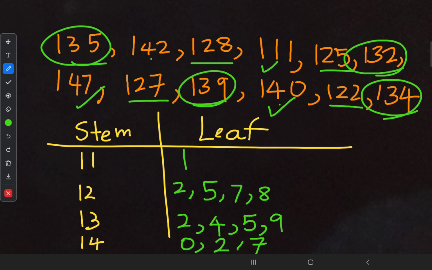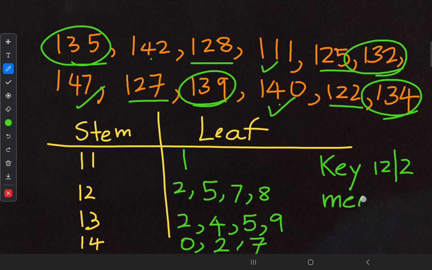After indicating this, you should indicate the key. Key means how to read this stem and leaf graph. That is an important thing in this kind of stuff. When you indicate 12, there is a slash here, 12/2.